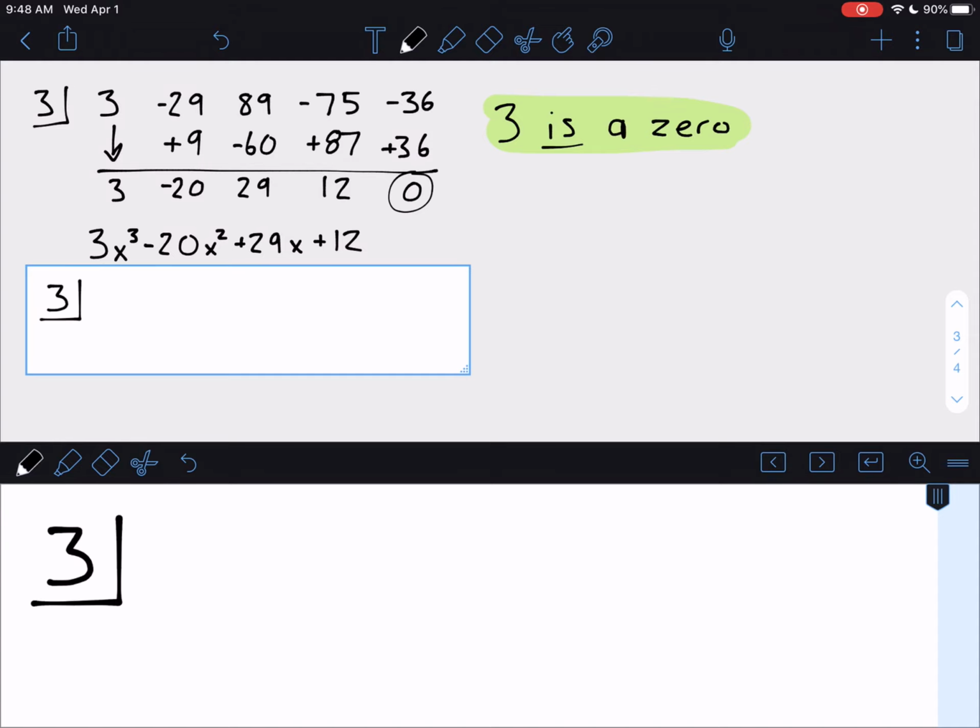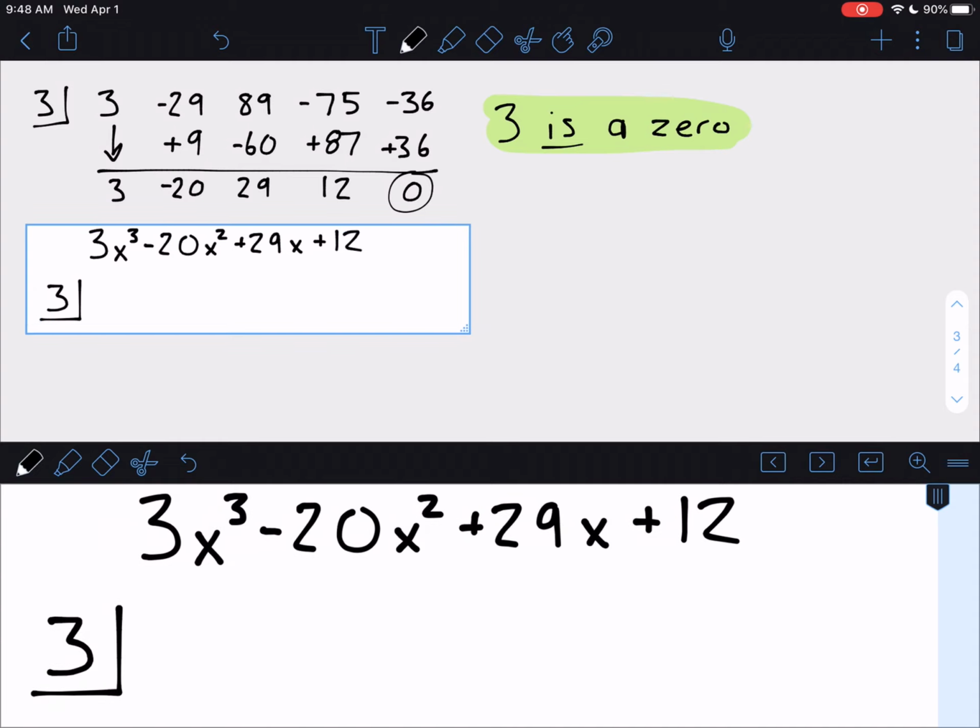So I put 3 inside the box, and then my new coefficients are going to be 3, -20, 29, and 12.